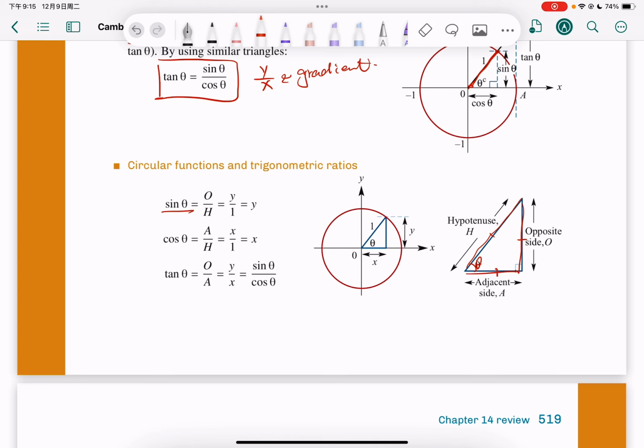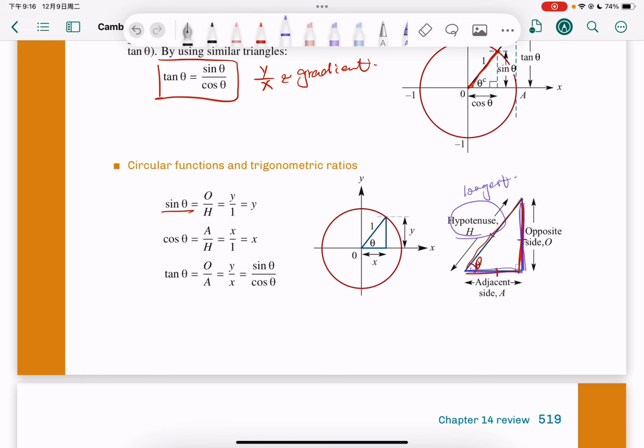Sine theta is equal to this side divided by the hypotenuse. The hypotenuse, the h, is the longest side. Opposite side means opposite to theta, and adjacent side means just right next to theta.